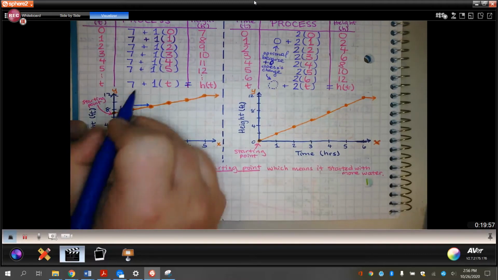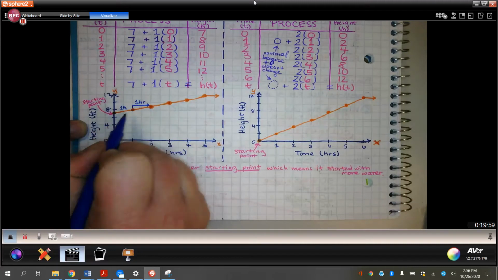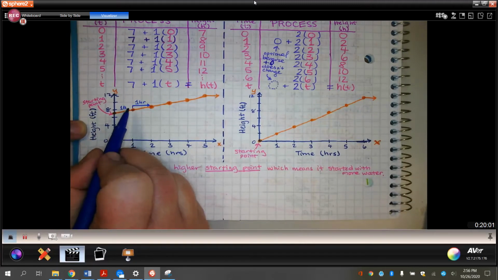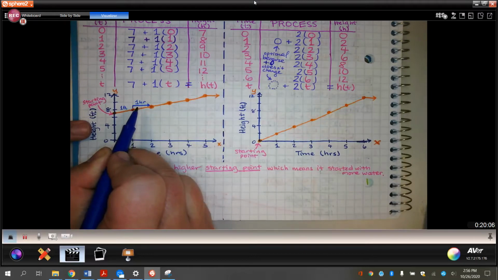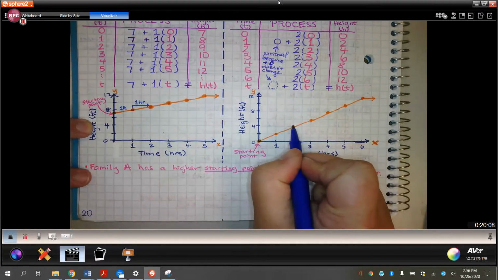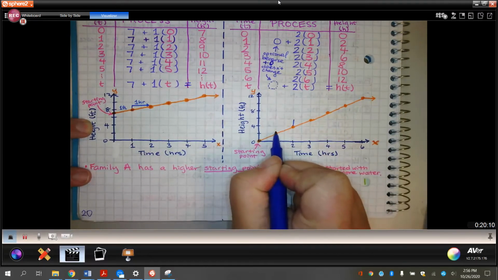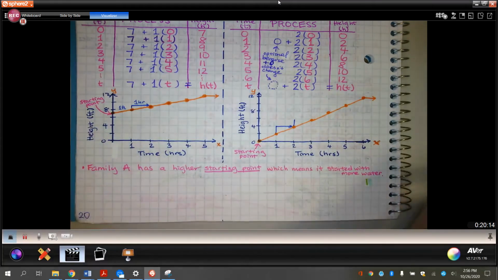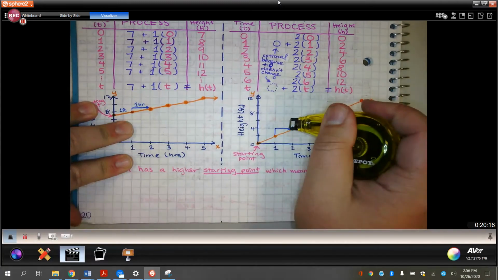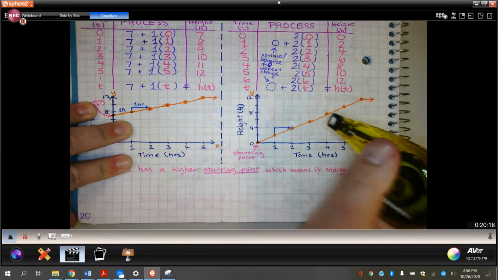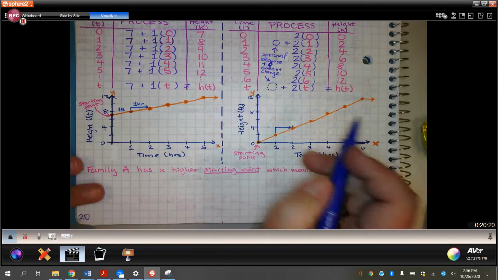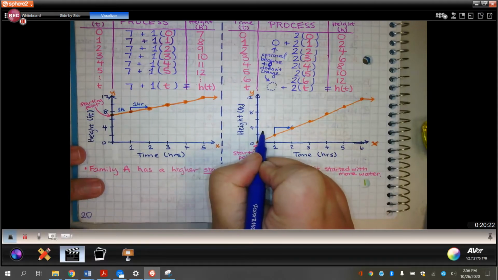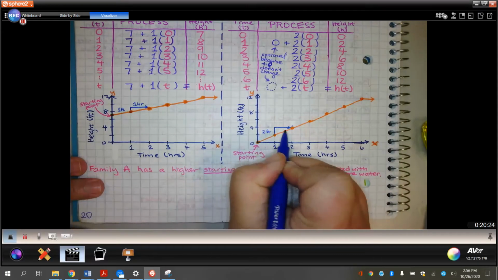So for family A, we go up 1 and over 1. Over here, I should have done it from 1 foot over there. There we go. So that I did it between 1 hour and 2. It doesn't matter, but just for consistency's sake. Okay, in this case, it goes up a whole block, which is 2 feet, and over 1 foot.